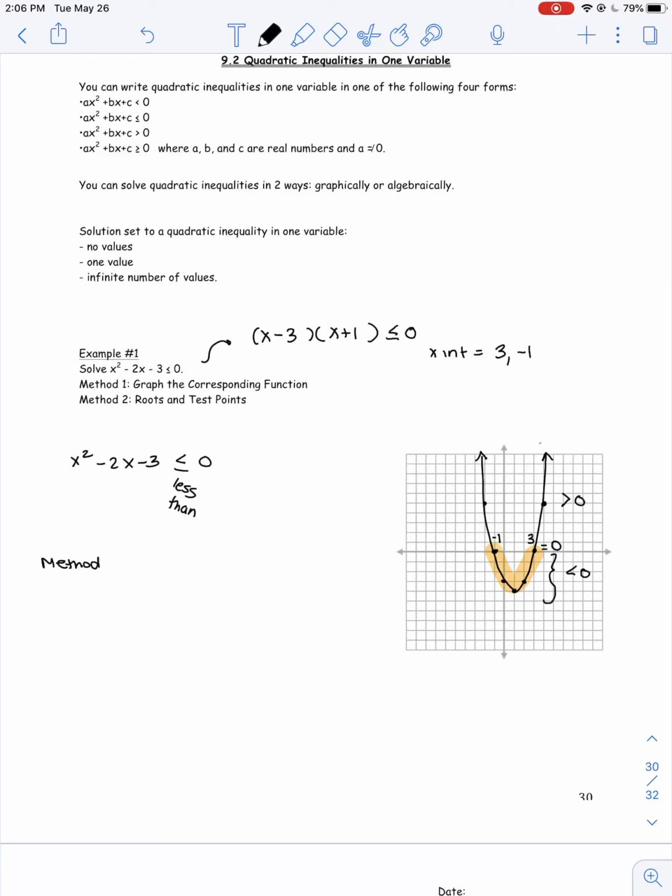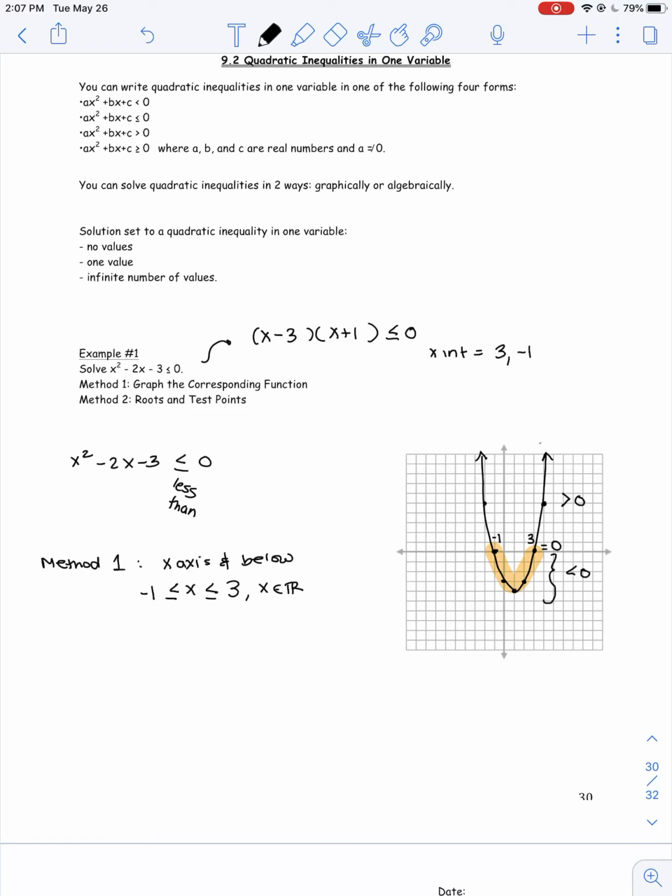So how we would state the answer using method 1, we're looking at the graph, and we're saying that the part that is below the x-axis and equal to the x-axis, so the x-axis and below, which is in orange, would be described by x greater than or equal to -1, but less than or equal to 3.